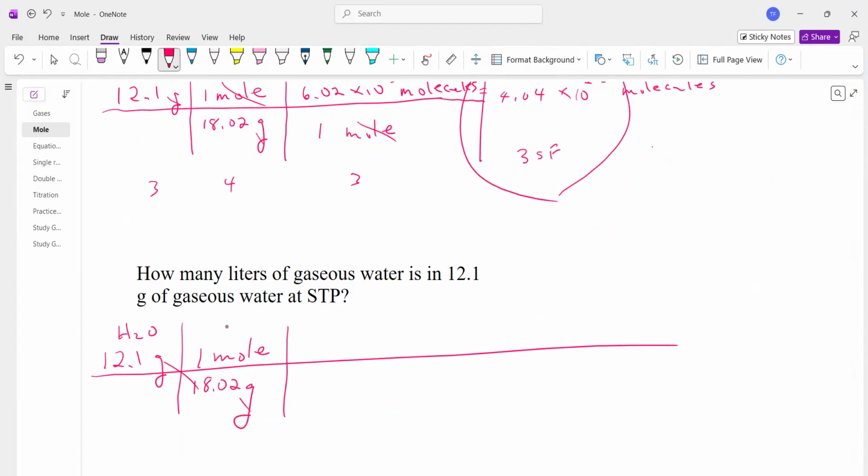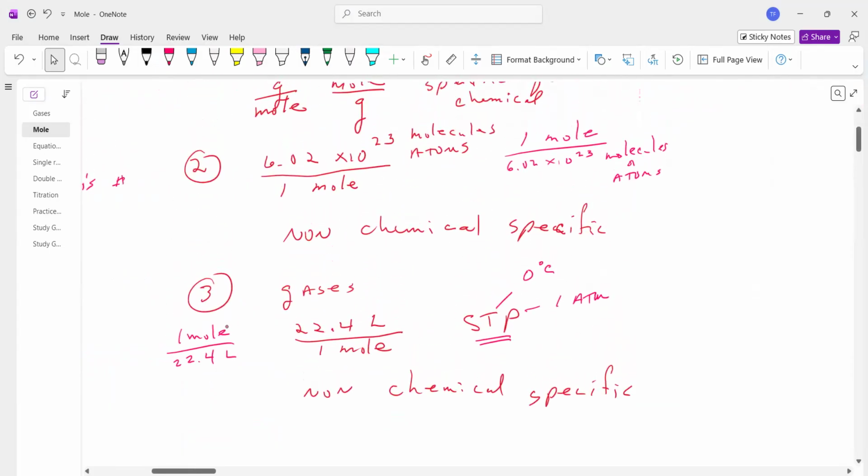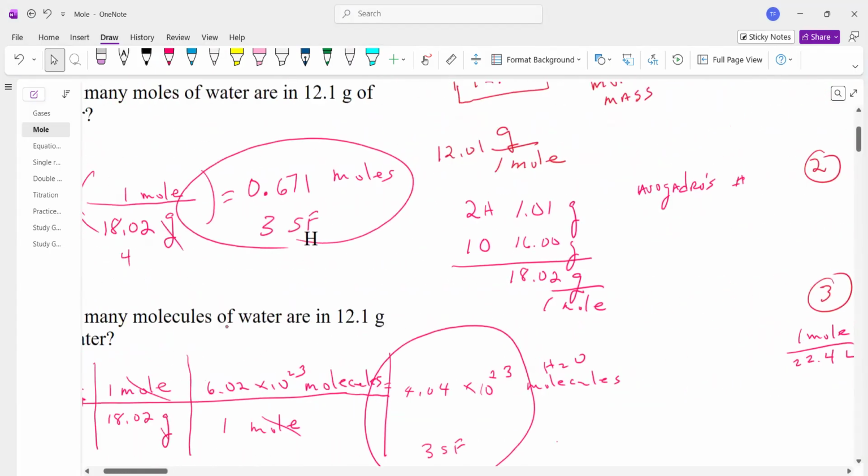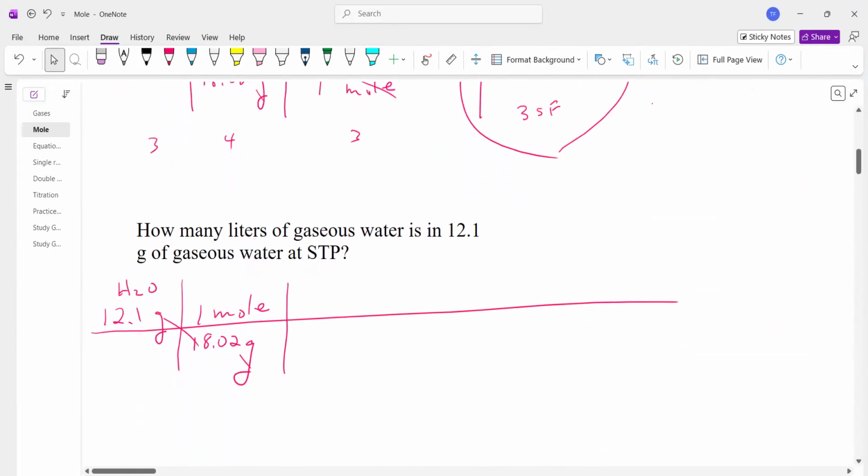So our given cancels. Now we're going to look at conversion factors for gaseous liters. Okay, so that's 22.4 liters per mole. So our mole has to cancel, so it's going to be on the bottom.